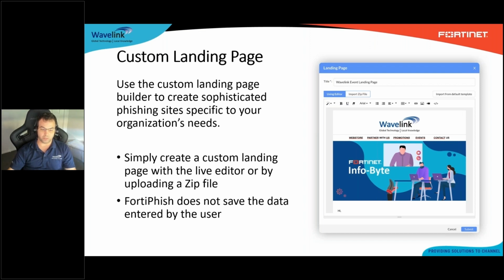Now, if the user does enter credentials into that landing page or into that website, any information that the user enters does not get saved by FortiPhish. We are not collecting information for the sake of using it, so there's no need to save it. We just need to know that they have entered information.